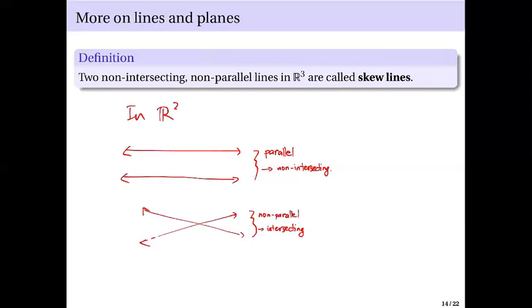Okay, let's look at this. Say you have a box in here. If you consider this edge here and this edge here, if you extend this edge indefinitely, it will not intersect this edge.